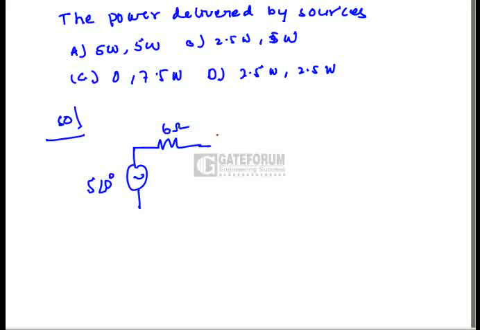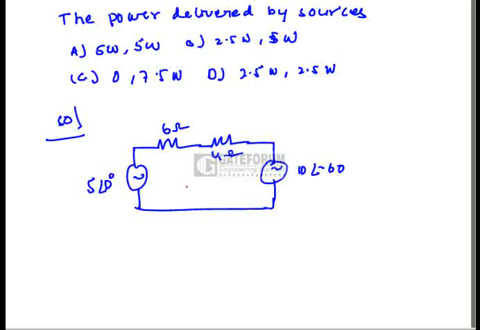Now the 16 ohms becomes 16 divided by 4, where 4 is k squared and k is 2. So it is 4 ohms, and the source voltage is divided by 2, that means 10 at an angle minus 60 degrees. This is the equivalent circuit.